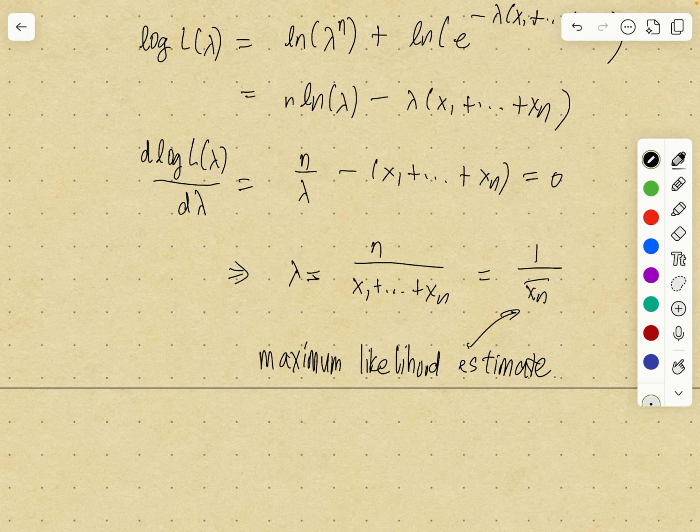If you took 2 measurements and you got 2 and 5, well, the sum of 2 and 5 is 7, and so the mean is 3.5, right? 7 over 2, and so your guess of lambda would be 2/7. So that's the maximum likelihood estimate.